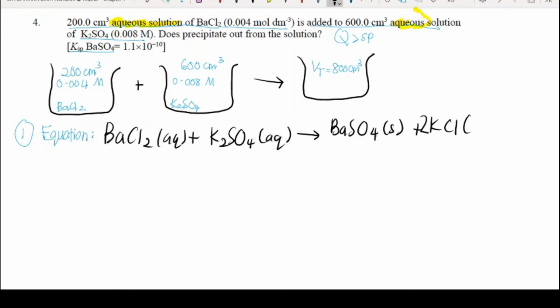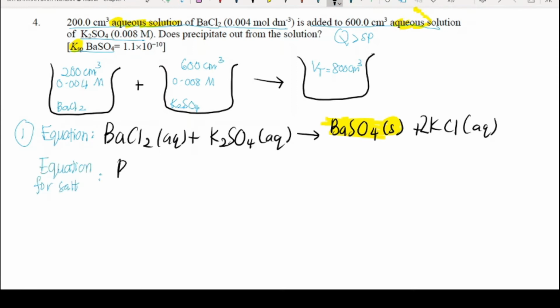Okay, balance the equation. Alright class, so this is our salt because it is in solid form, plus you are given the Ksp of it.